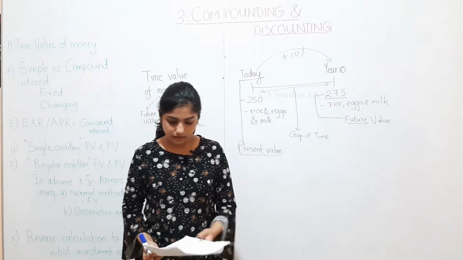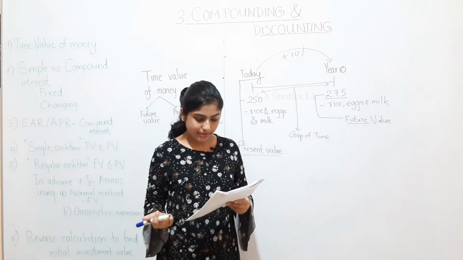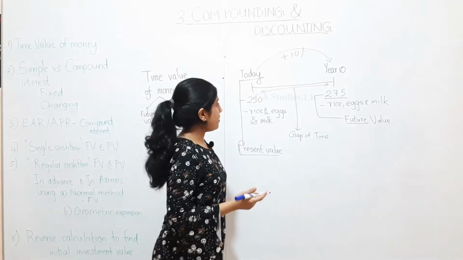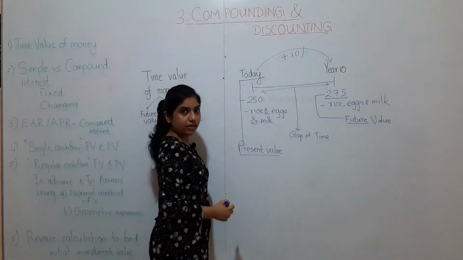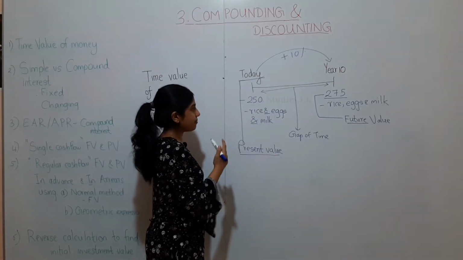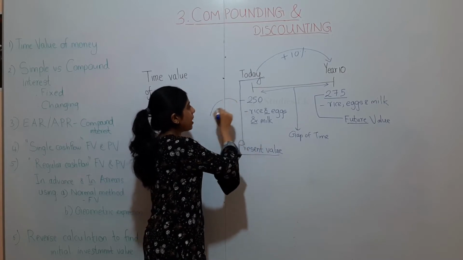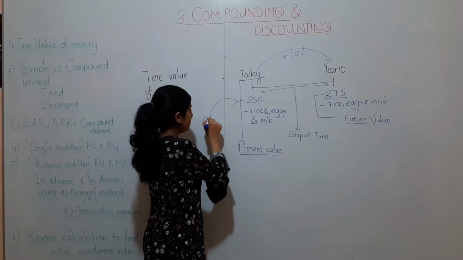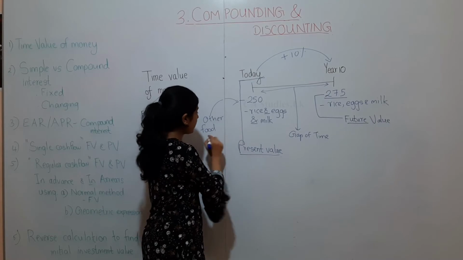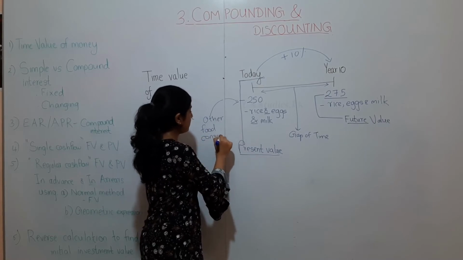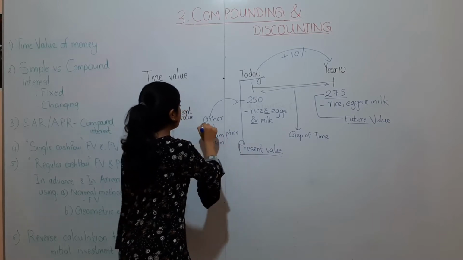If we take opportunity cost, let's say you bought rice, eggs and milk for 250 rupees, rather you could buy some stationery or some other consumption item. Let's say something other than food consumption, so that it's in the same category. A consumption item for 250 you could have bought.